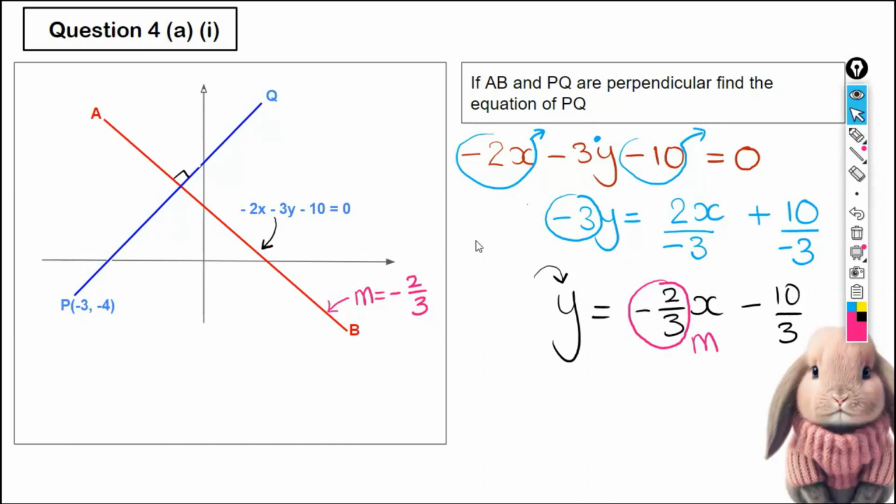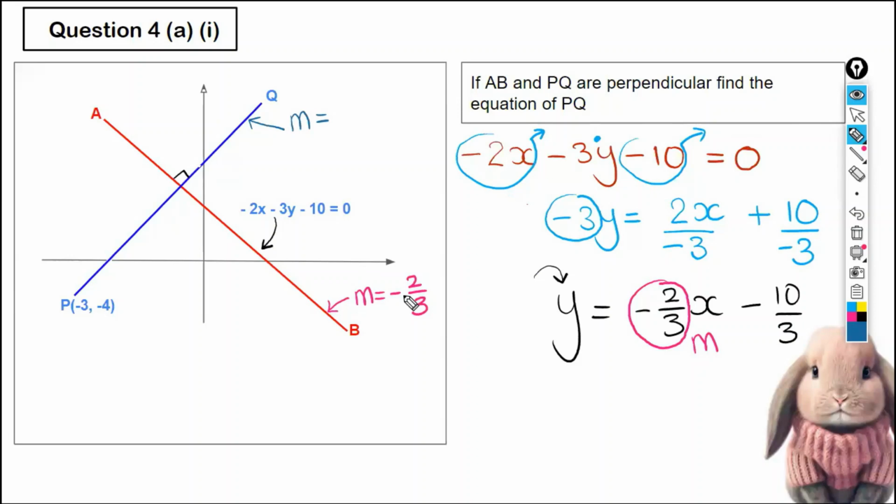But they're not asking for the equation or the gradient of the red line. We want the equation of the blue line. Remember, when two lines are at right angles, to find the gradient of a line that's at right angles to another line, all you have to do is take the gradient, flip it, and change the sign.